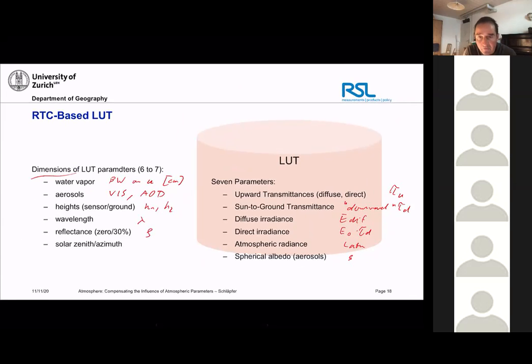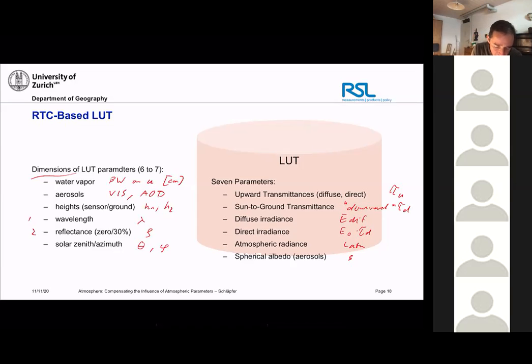For the reflectance, because it's a linear relation, we only need 2 points. Usually one stores the values for 0 reflectance and 30% reflectance. For the solar zenith angle, you get an azimuth angle, that's theta and phi. These are the 2 parameters. You need some kind of a raster, and usually this makes about 2.